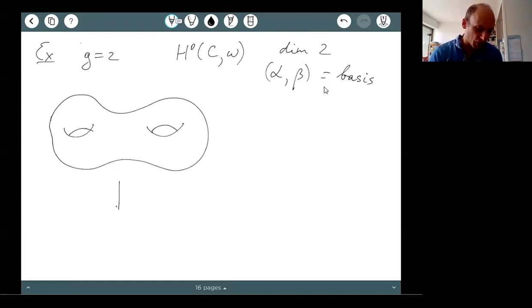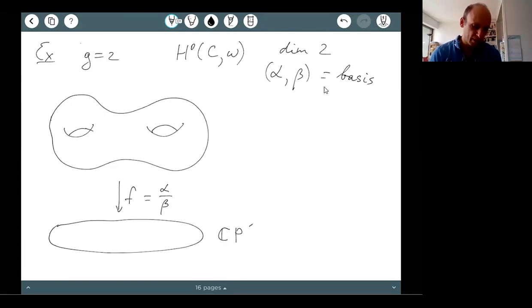And then we take a function alpha over beta. So this is a meromorphic function that has poles where beta has zeros and zeros where alpha has zeros. It goes to CP^1. Alpha and beta have 2 zeros each, so in principle we expect f to be of degree 2, and it is easy to see that this is actually the only possibility. f cannot be of degree 1 because here you have genus 2 and here you have genus 0.